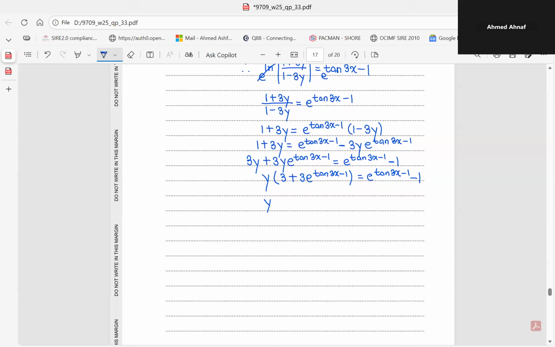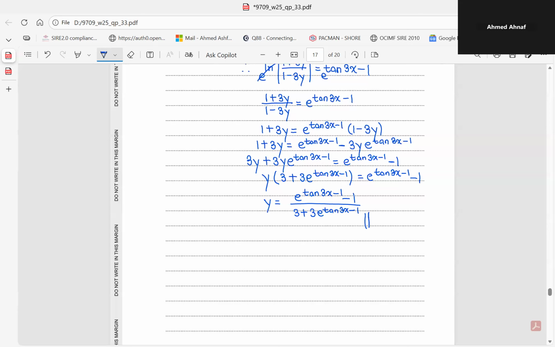So just divide both sides by this bracketed expression to get your final answer. E to the power of tangent 3x minus 1, minus 1, over 3 plus 3e to the power of tangent 3x minus 1.